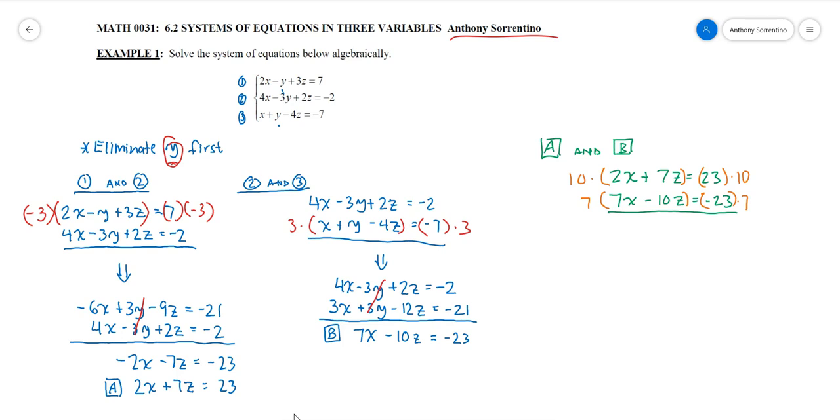And so when I do that, I get 20x plus 70z equals 230. The bottom equation becomes 49x minus 70z equaling a negative 161.